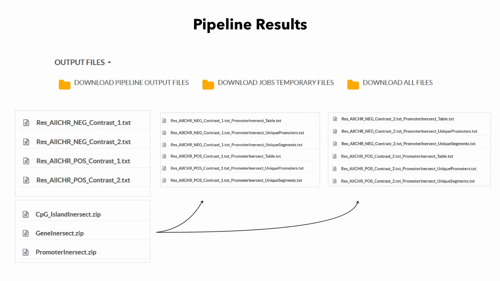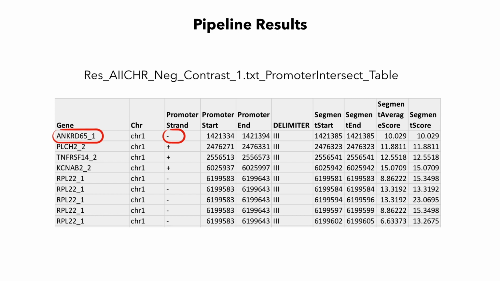An additional type of result files are the zip compressed files containing annotation results. When extracting these files, several tables will be available for each contrast. The most full table in each folder, containing the most information, will be the promoter intersect table. Each strand and each contrast will have a separate table.